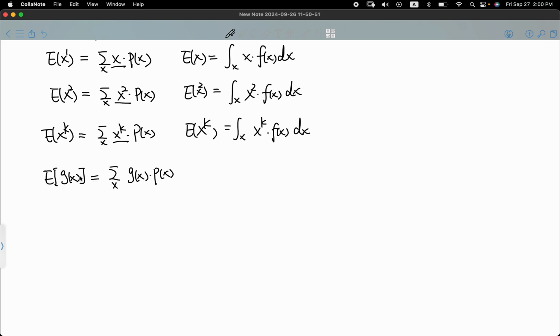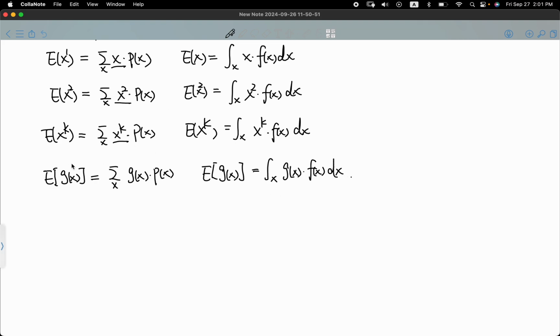All you need to do is recognize that g of x is equal to x squared, and then you replace g of x here, and you will end up with x raised to the power of 2 and x raised to the power of k. Similarly for the continuous case, just for completeness, this is equal to the integral over the support of x of g of x multiplied by f of x, the density, dx.